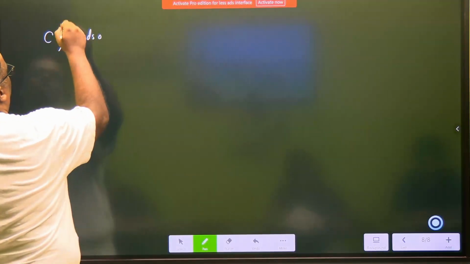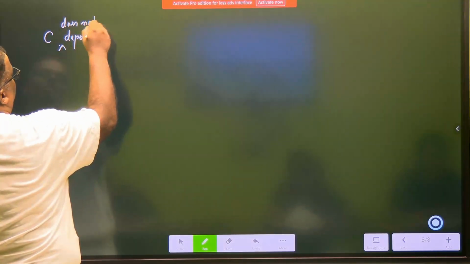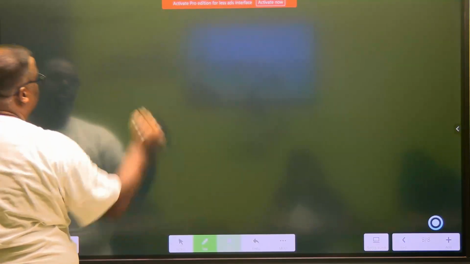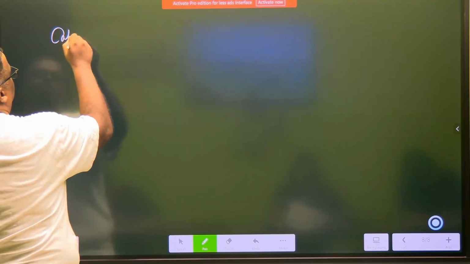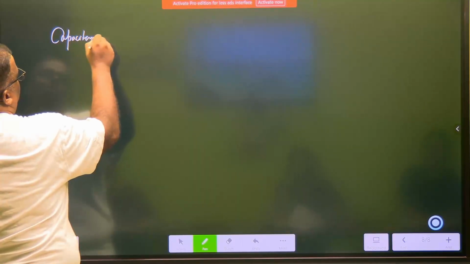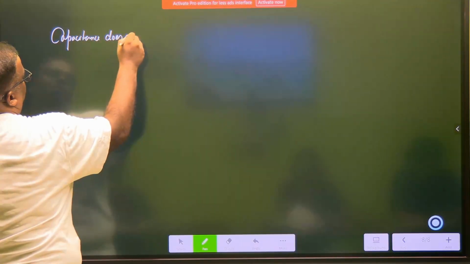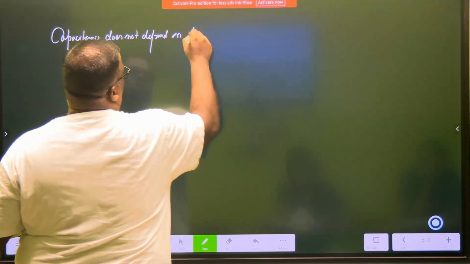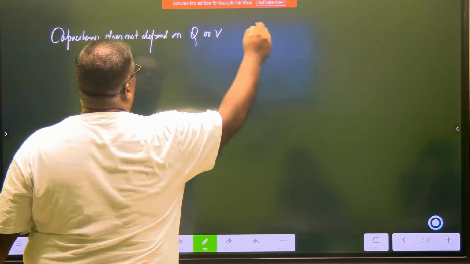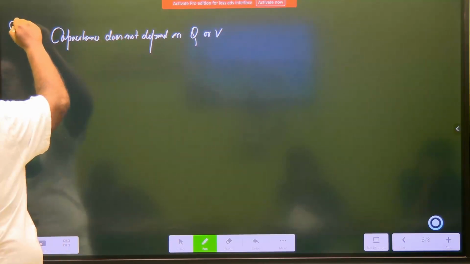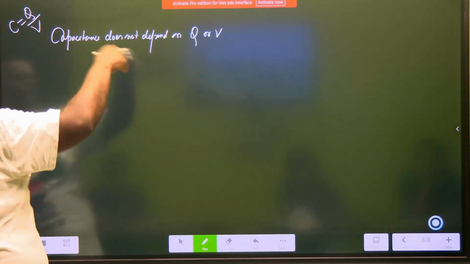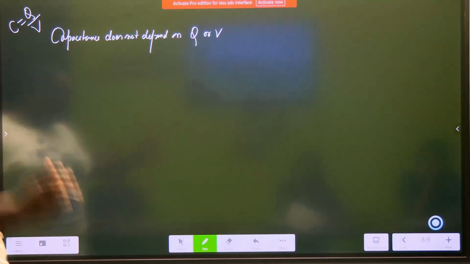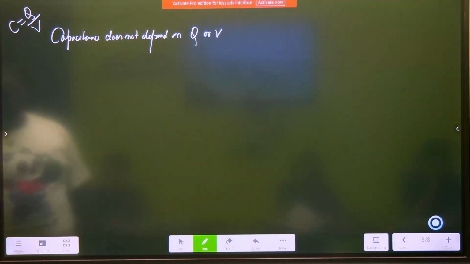Capacitance does not depend on Q or V. What is sir saying? He just wrote C is equal to Q upon V, and he's saying it does not depend on Q and V. This is theoretical, but when you manufacture the capacitor, it does not depend on Q and V.